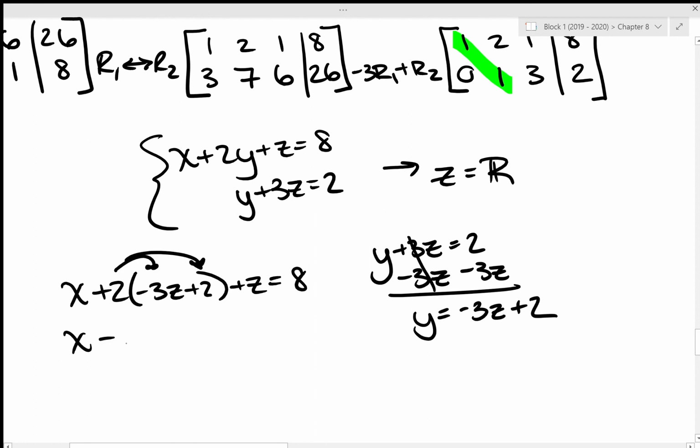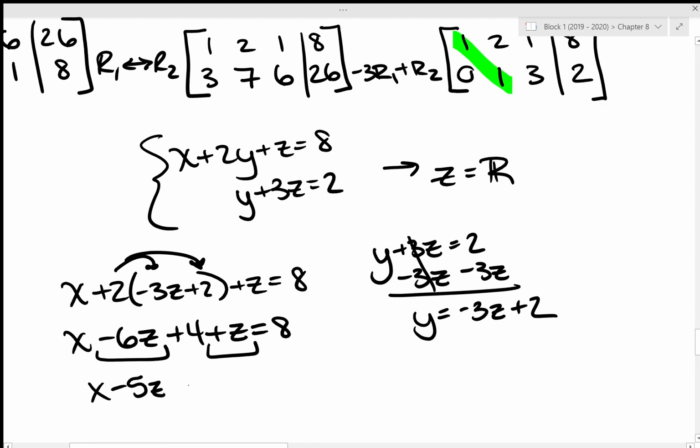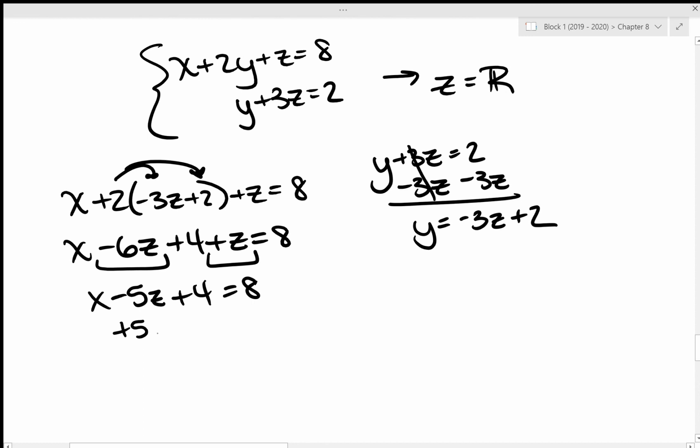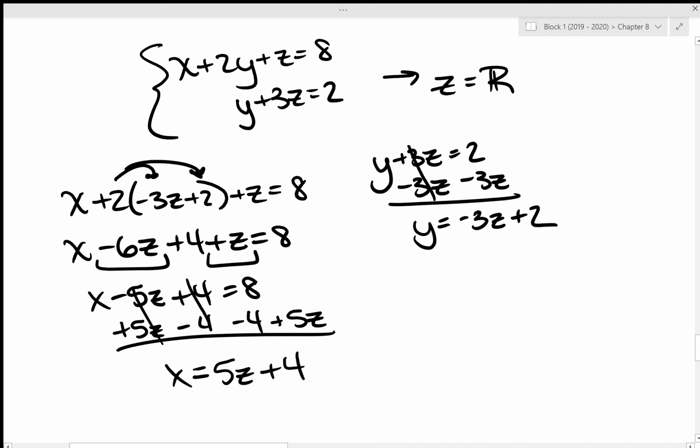I get x minus 6z plus 4 plus z equals 8. I combine my like terms, so I get x minus 5z plus 4 equals 8. And I add 5z and minus 4 to both sides. And I get an x of 5z plus 4. So final answer, 5z plus 4, negative 3z plus 2, and z.